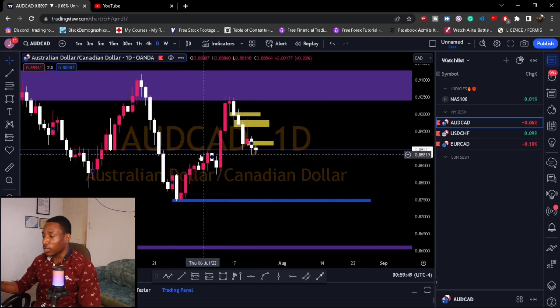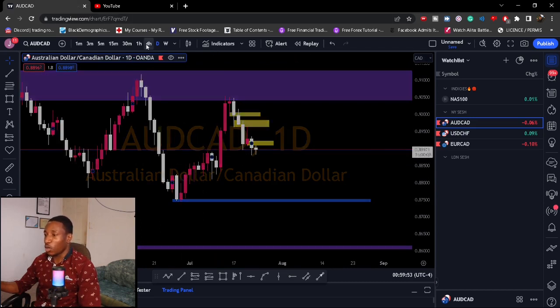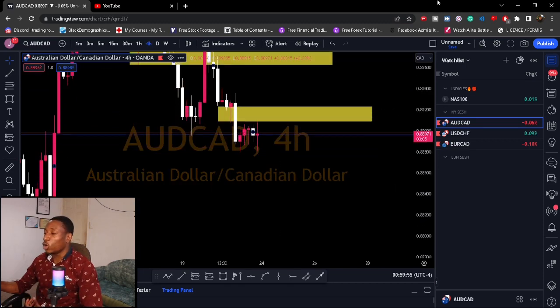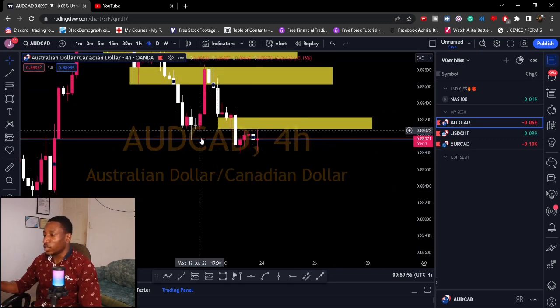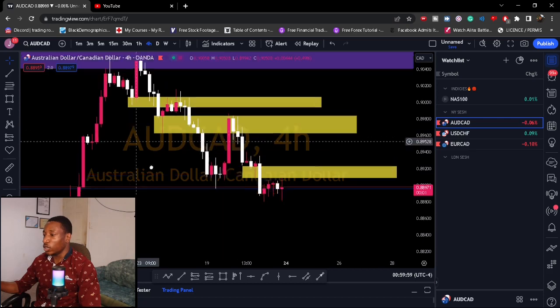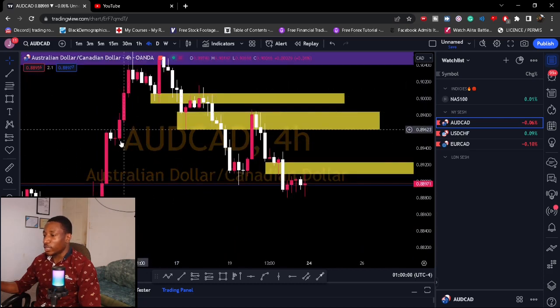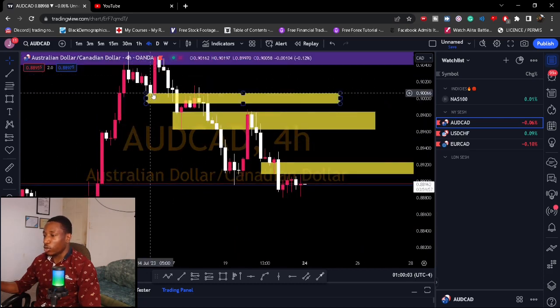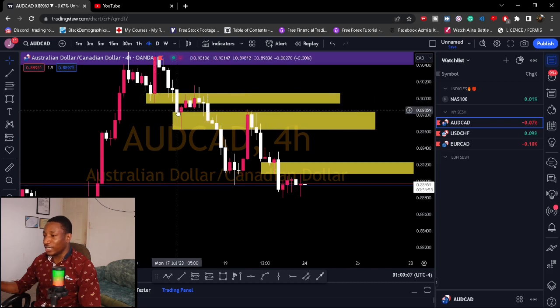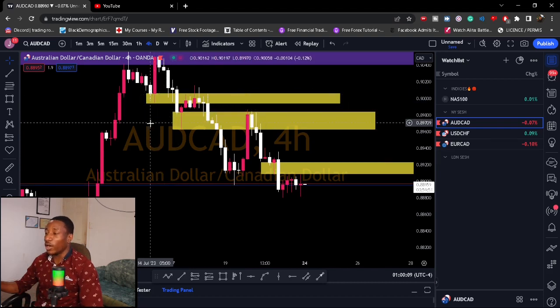I wouldn't mark this here because again, price is currently selling in the weekly time frame. So we're going to go to the time frame that correlates with the weekly, and as you can see, price is currently selling in AUDCAD. Price was buying here, it broke below this candle, indicating a change in trend in the 4-hour time frame.